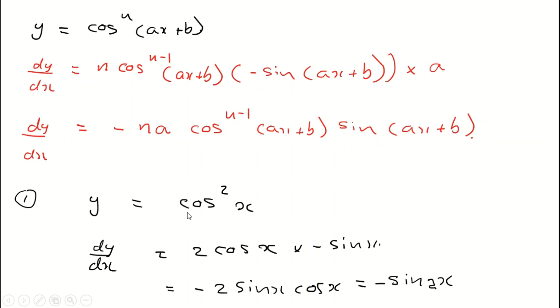When you differentiate cos squared x, dy over dx is equal to 2 cos x. When you differentiate cos x, it is minus sin x. So minus 2 sin x cos x. This is minus sin 2x. We again use that double angle formula: sin 2x is equal to 2 sin x cos x.